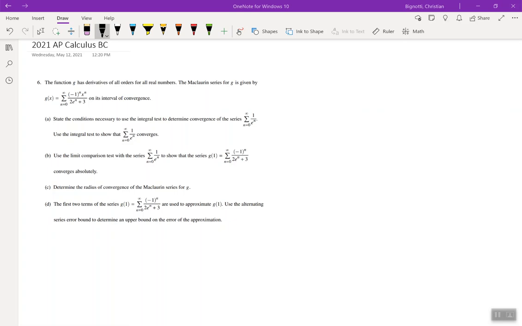So A, it says state the conditions necessary to use the integral test to determine convergence of the series, then use the integral test to show that the series converges. So A, we really don't need any previous information from up here.